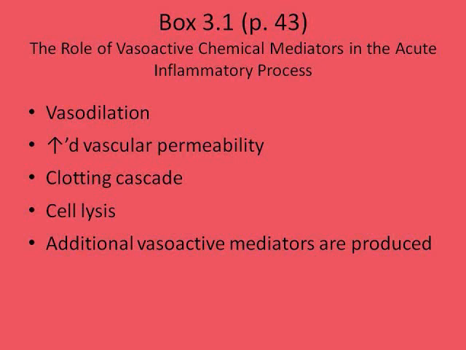There's increased vascular permeability, which lets the blood and the blood products that are needed seep out of the blood vessels and get to the site of the injury. There's also a clotting cascade, so that we don't bleed to death. The harmful cells are destroyed. That's called cell lysis. And there are other vasoactive mediators that are produced.